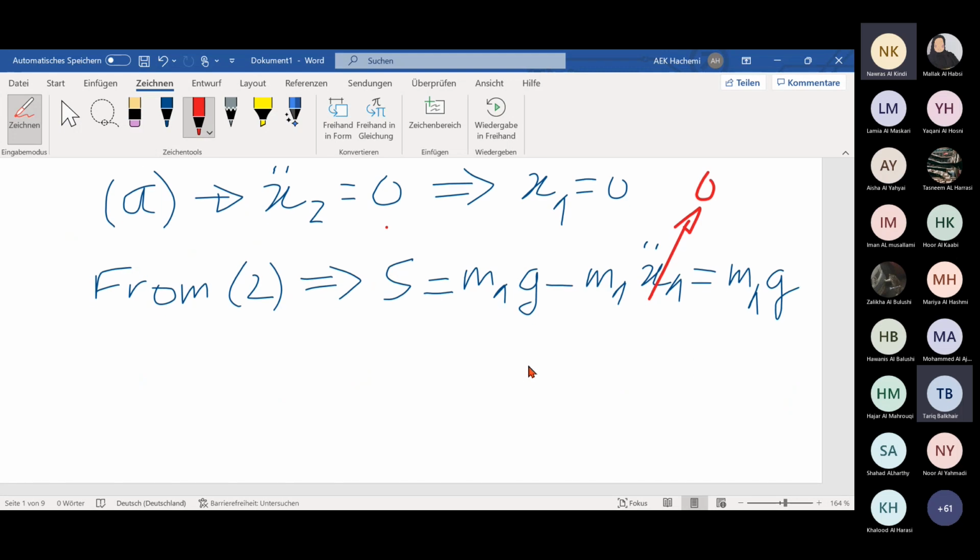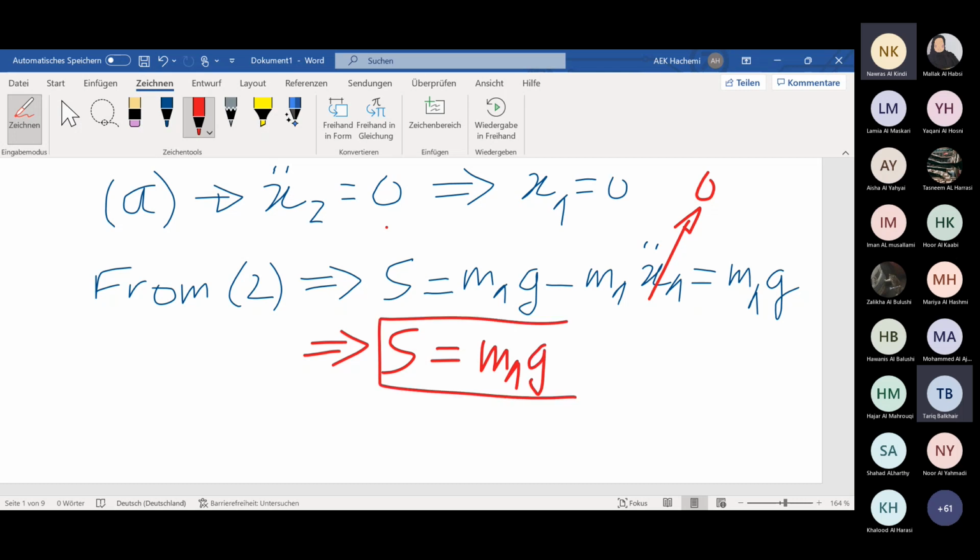Then we have here, when we look now during the motion, this is now S, will be equal to 0. That means it's only M1 multiplied by G. Then in this case, we have S, it's M1 multiplied by G. And this is logical. If you do static only, in static case, you will find that S is only in equilibrium with the weight, G capital letter 1.